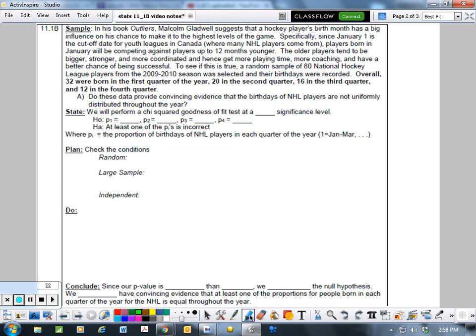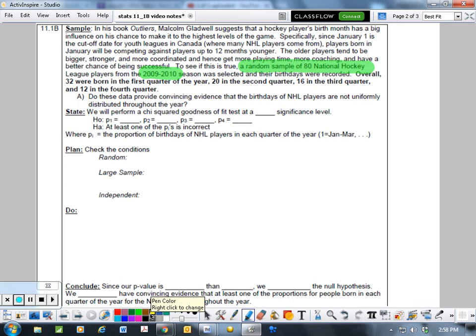Now, that was a theory. To see if it's true, they took a random sample of 80 NHL players from 2009 to 2010 and looked at their birth dates.